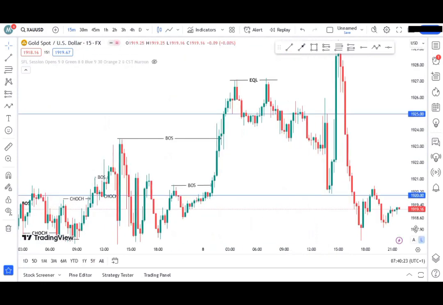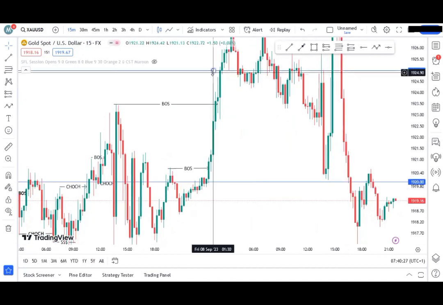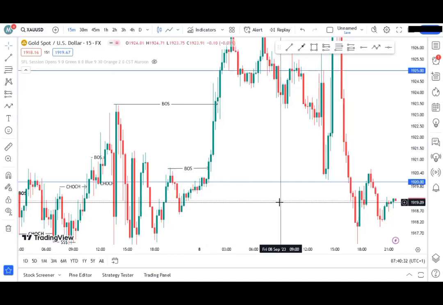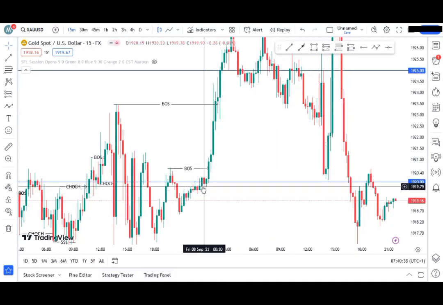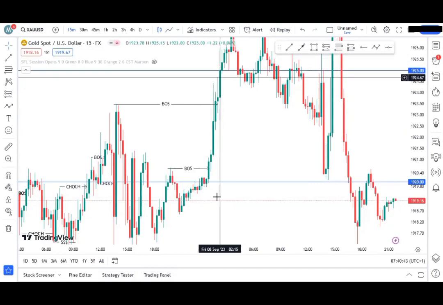Like, yeah, this is an impulsive move up. Impulsive move to the upside. Now, the thing I figured out about order blocks is that sometimes we agree, yes, they say the last down candle before the impulsive move up.